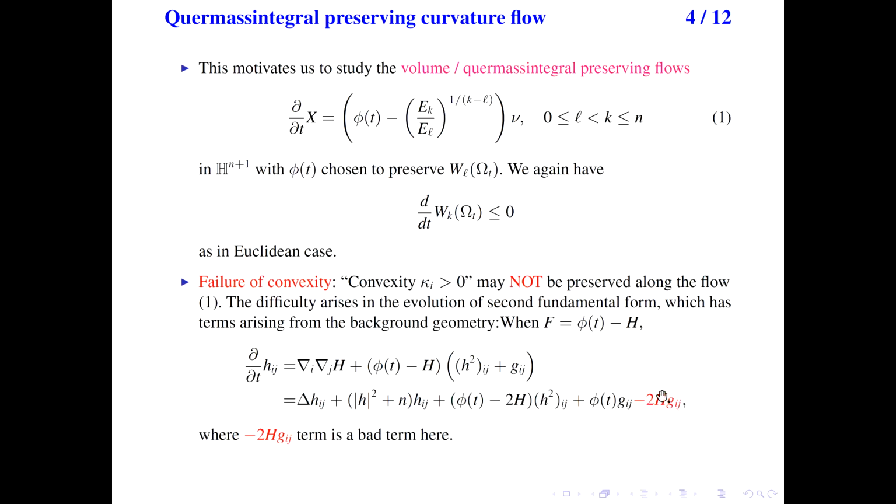This term is a bad term for us to apply the tensor maximum principle. So we may need to assume a stronger assumption on the initial hypersurface to study the convergence of the flow.